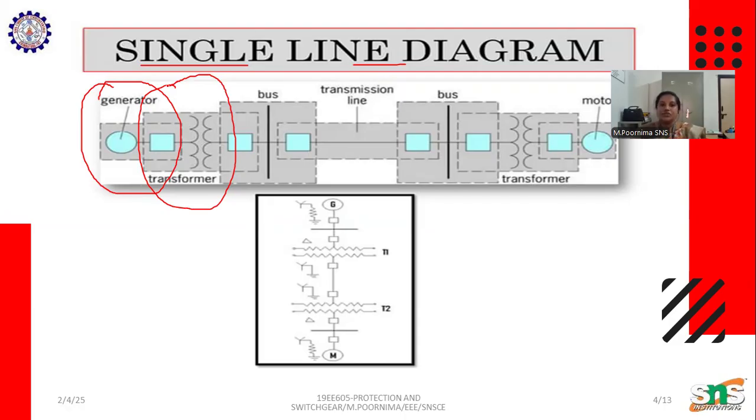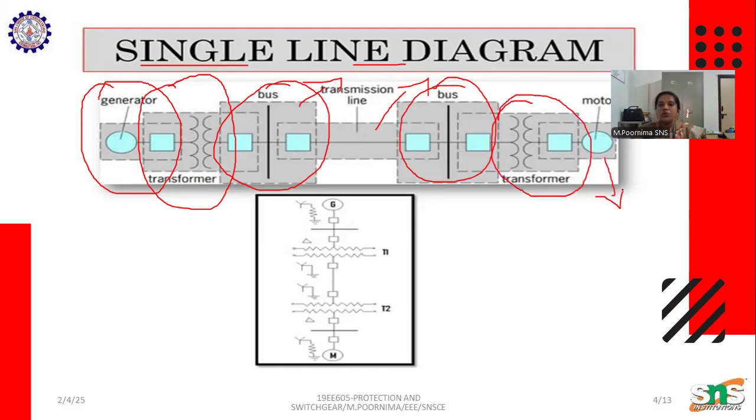We have the generator and transformer, the transmission line with the sending end bus bar, the receiving end bus bar, and finally a step up or step down transformer, and then the motor or whatever load we require. This is a single line diagram of an electrical power system.